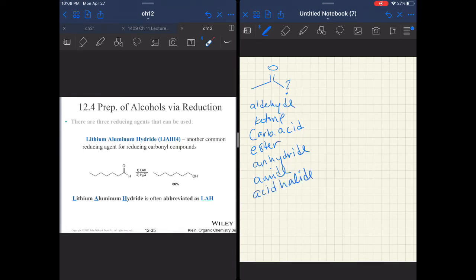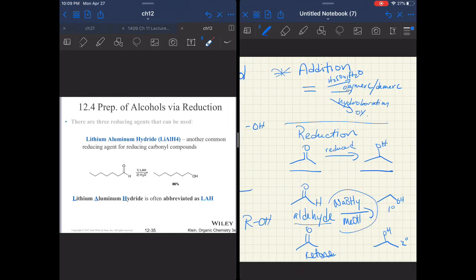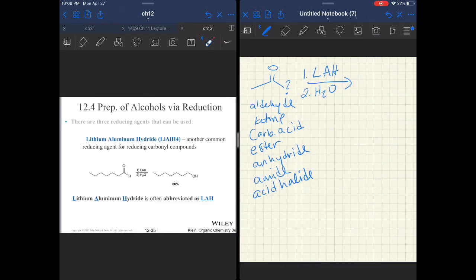Any of your carbonyl-containing compounds, if you treat with lithium aluminum hydride, so that's LAH or LiAlH4, there's just 2 different ways to abbreviate, followed by water. Now, the sodium borohydride was all one step. Sodium borohydride is not nearly as reactive as lithium aluminum hydride.